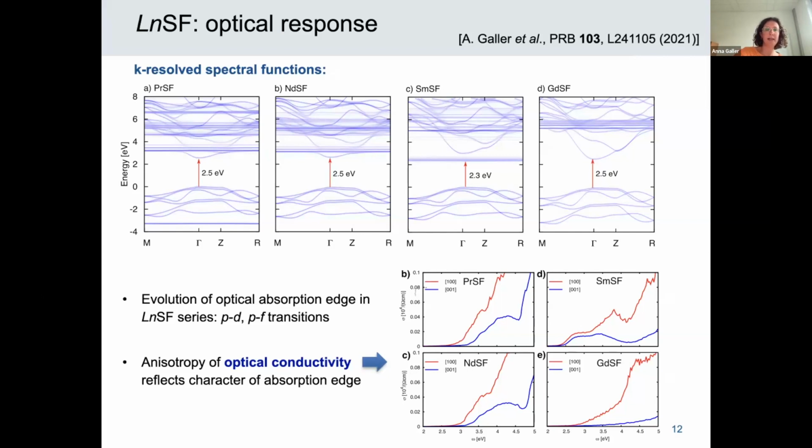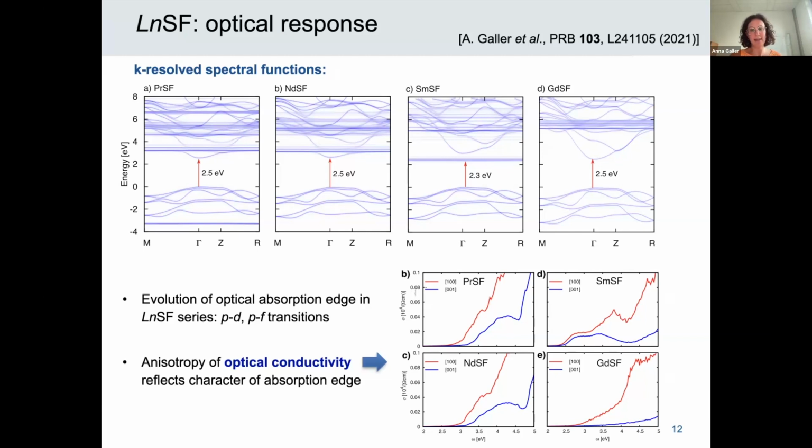And if we now go back to our plots above, what you can clearly see there is that the main difference between samarium fluorosulfide and gadolinium fluorosulfide is that in one case, for samarium fluorosulfide, we have pf optical transitions, while for gadolinium fluorosulfide, it's pd.